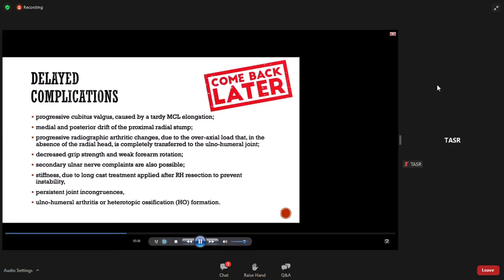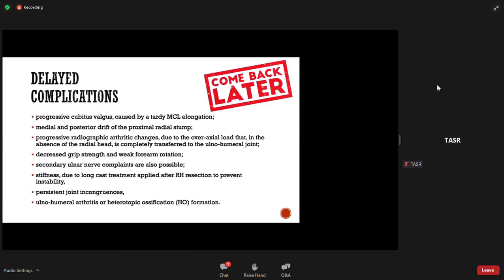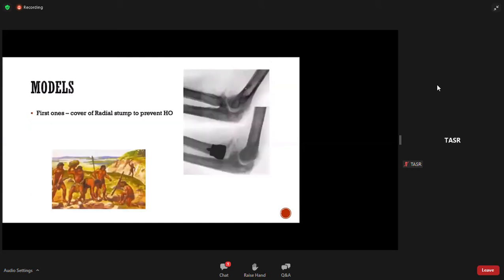And on the other side, you have delayed complications because you can have a cubitus varus that can create a tardy MCL elongation, a medial and posterior drift of the proximal radius, and other secondary complications that you can see here very nicely in the slides, or you can have HO formations that can be typical of the humeral joint.